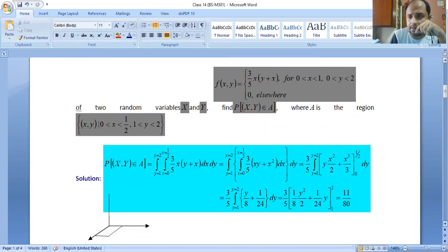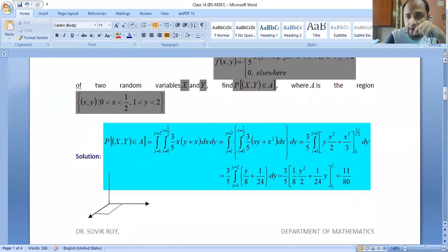Since you know double integration, so far as I can remember, EC students know double integration, I am going to discuss the finding of this probability. Let me discuss a little bit about double integration over here. I have drawn this diagram. Suppose this represents the x-axis and this represents the y variable.